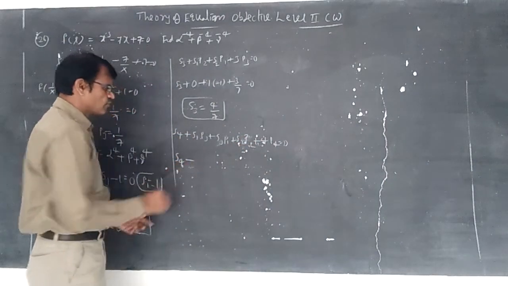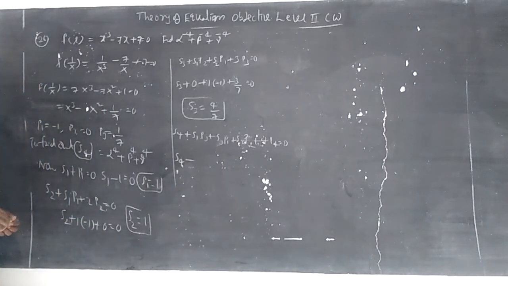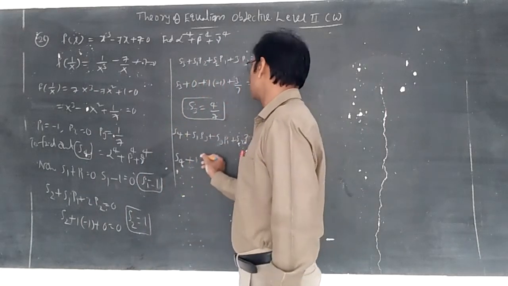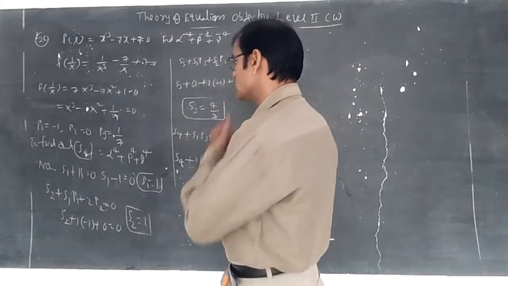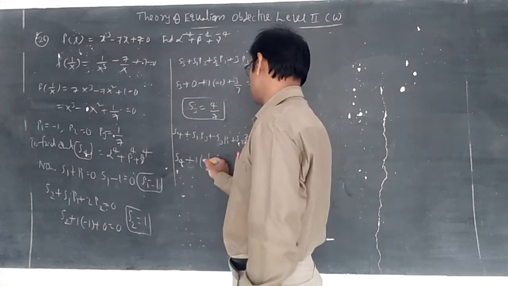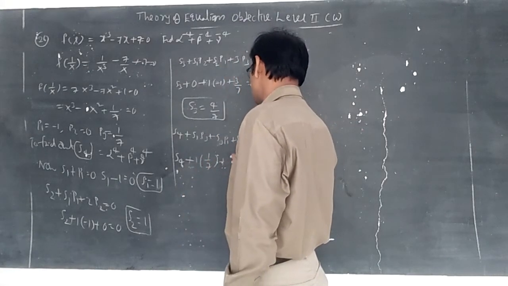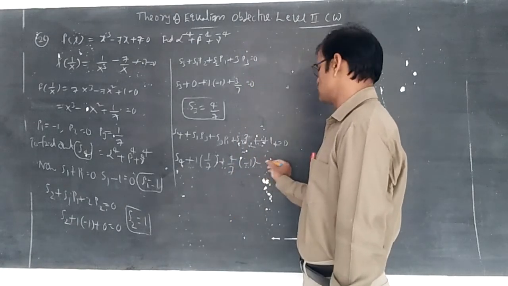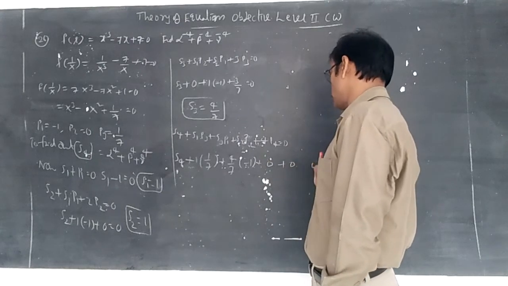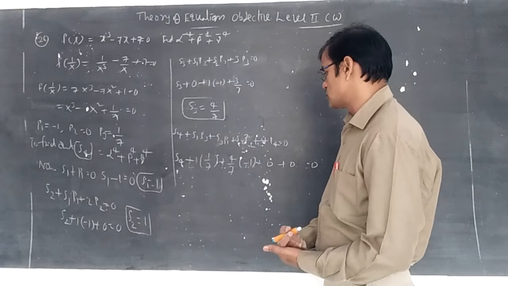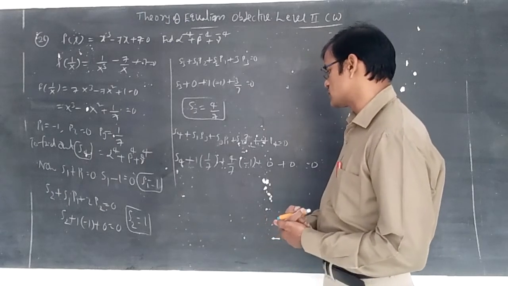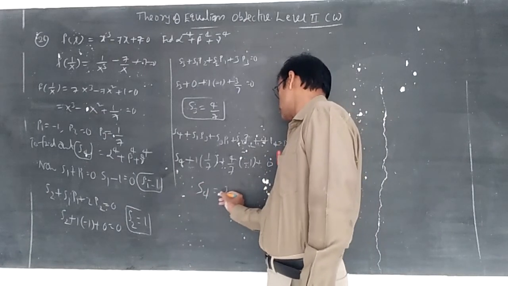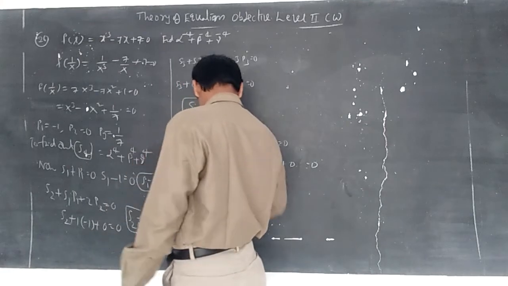Now S4 plus S1 meaning 1, into P3, so 1 into P3 meaning 1 by 7, plus S3, S3 is 4 by 7 into P1 means minus 1, plus S2 P2, so it is 0, of course. This is 0 for P4, equal to 0. This is minus 4 by 7 plus 1 by 7. So S4 is 1 minus 4, minus 3 by 7. So S4 equal to 3 by 7.